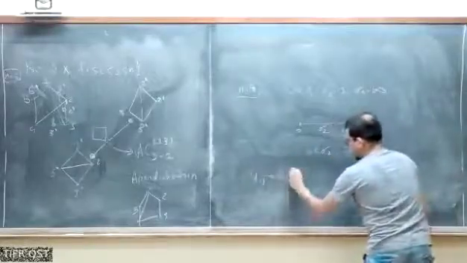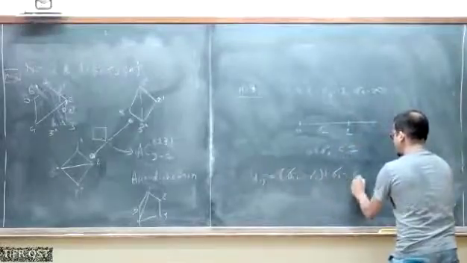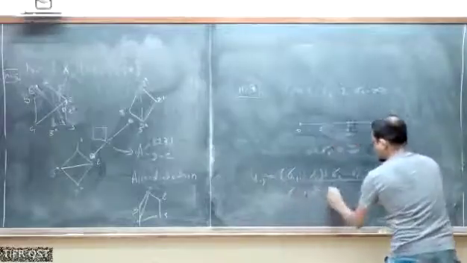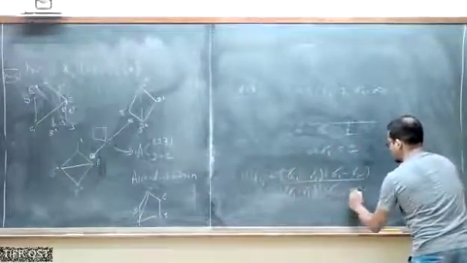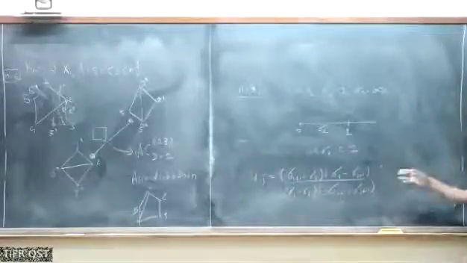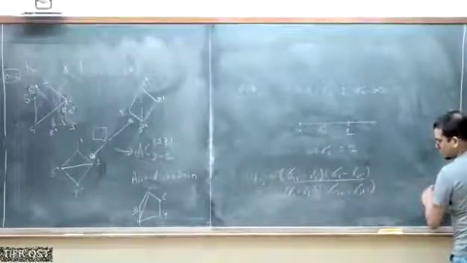I forget the cross ratio. Sigma i plus 1 minus sigma j, sigma i minus sigma j plus 1 by sigma i minus sigma j, sigma i plus 1 minus sigma j plus 1. So this is the usual cross ratio we define, and it turns out that you have two cross ratios.